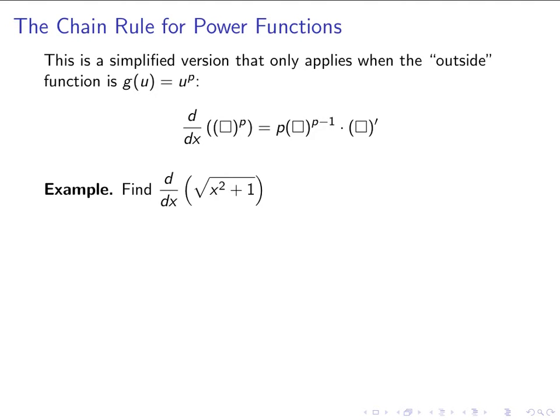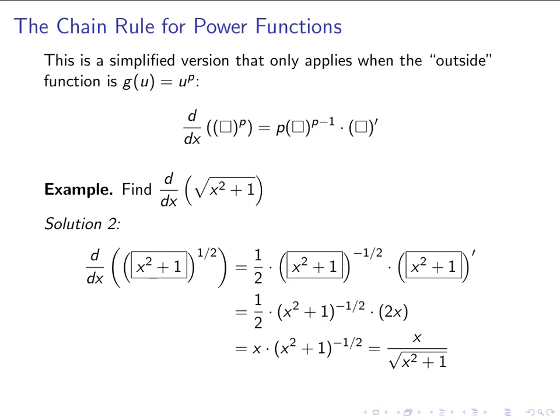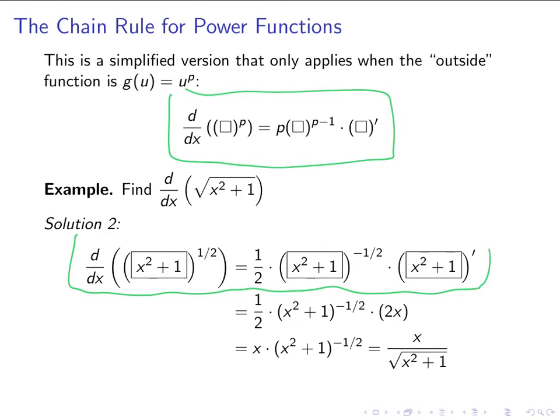So for example, if we apply that idea to this problem, the one we just did, then as I said before, that is something raised to the 1/2 power. So notice that what I've written here, and I've put a box around it inside stuff just so that it looks exactly like this. So here was what I said I was going to write down as my rule, and here is what it looks like when I write it down. I needed to make a bigger box to contain the x squared plus 1, but notice that what's in the box is the same in all three places.